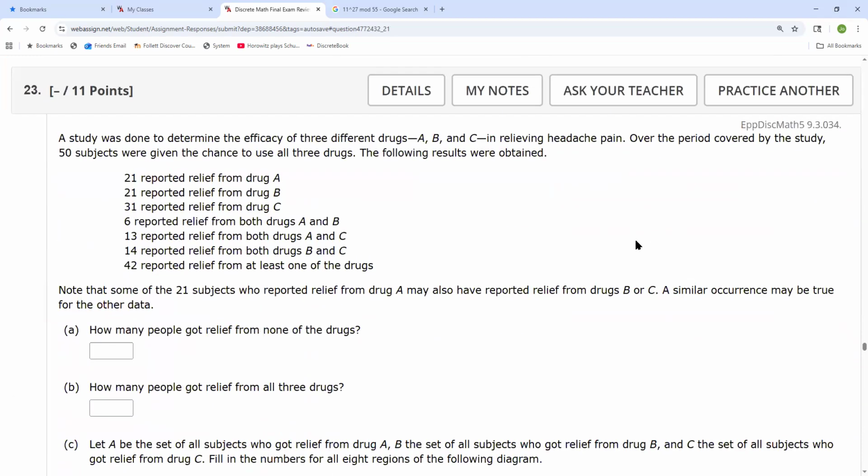A study was done to determine the efficacy of the 3 different drugs A, B, and C in relieving headache pain. Over the period covered by the study, 50 subjects were given the chance to use all 3 drugs. The following results were obtained. And then it shows the results.